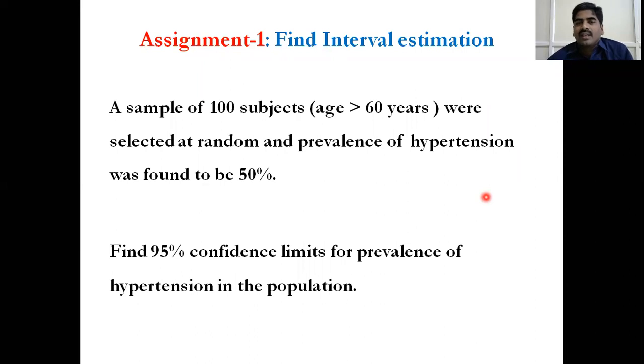See here, the researcher took a sample of 100 subjects and got a hypertension prevalence of 50%. Our intention is to give the results to the population, not to the sample. We know the sample result, and you can find the confidence interval for the population. So this is the assignment. Please note down.